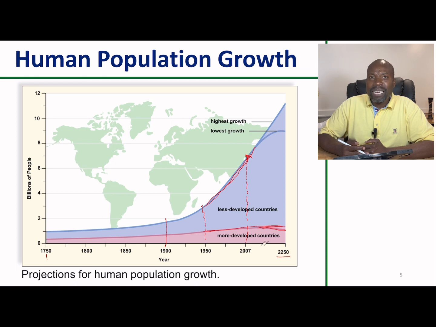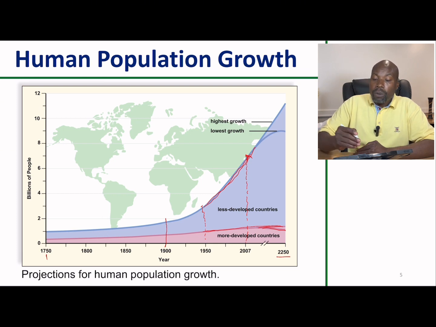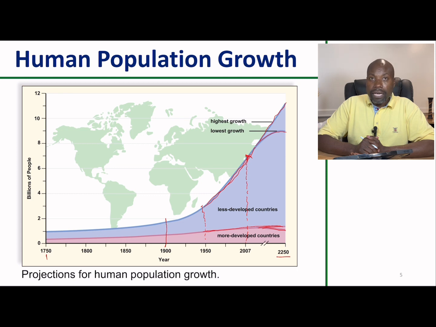One prediction says that the population in more developed countries will still kind of be growing, but it's going to reach a plateau, while another estimate says that there is a possibility that it's actually going to go down by the year 2250, while the population in less developed countries will actually keep growing tremendously and maybe reach a plateau, or that population can keep growing exponentially. It just depends. Now, the indications that we have as of 2024 are that this population will actually keep growing. Okay.